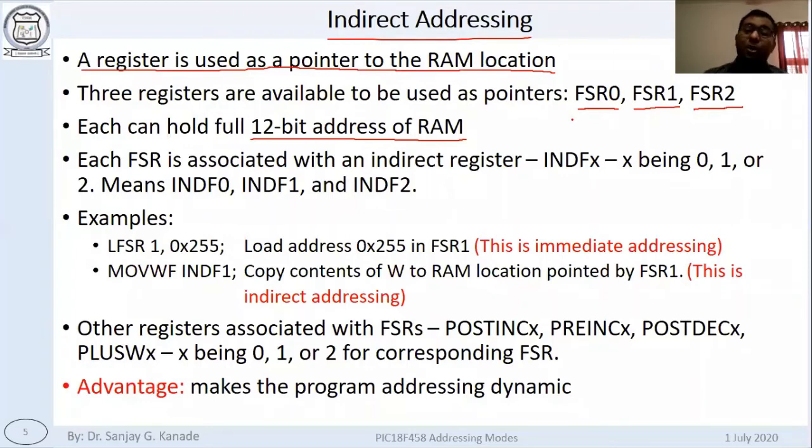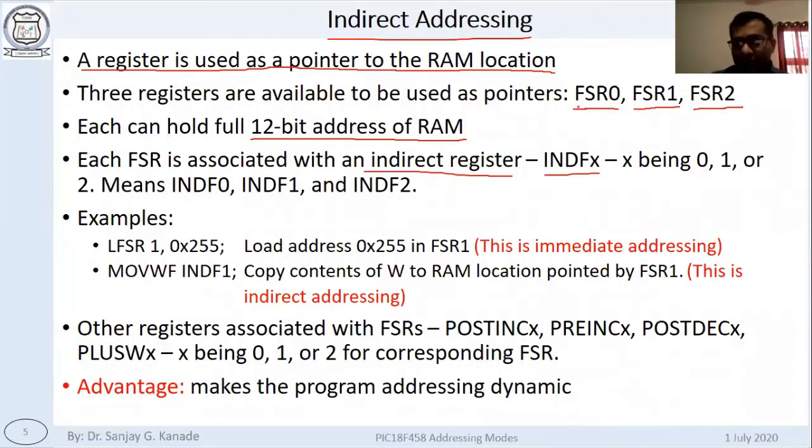But the point is, we cannot use them directly inside the instruction when we want to access the data. What we have is an indirect register associated with each FSR, denoted as INDFx. X stands for 0, 1 or 2.